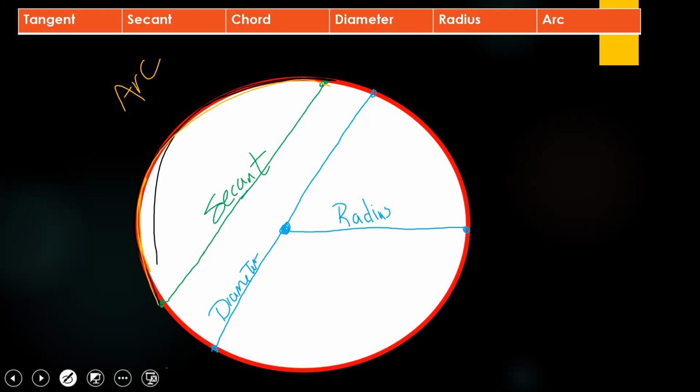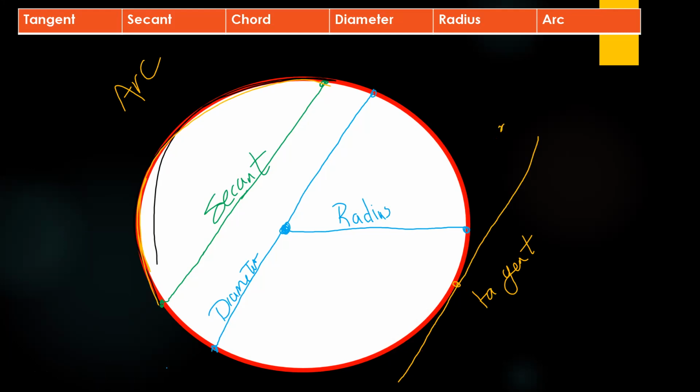Now, a tangent, we say that it is a line that comes beside a circle. It touches in one point. This is a tangent. And the chord, it's a line whose endpoints are outside the circle, but it's going through the circle.